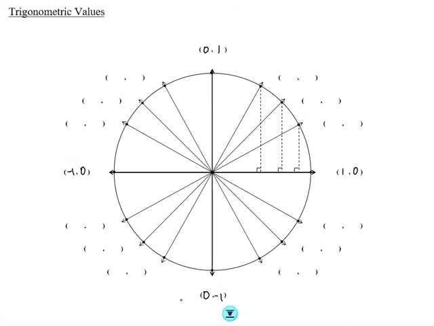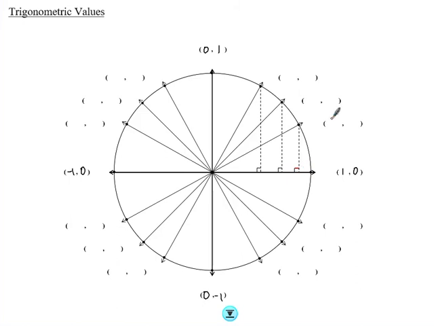So this first angle was 30 degrees. If we think about our 30-60-90 triangle, we know that the short side is going to be 1/2, and the long leg is going to be square root of 3 over 2.